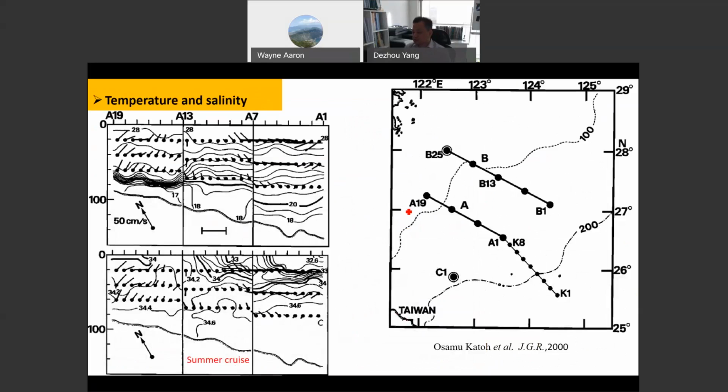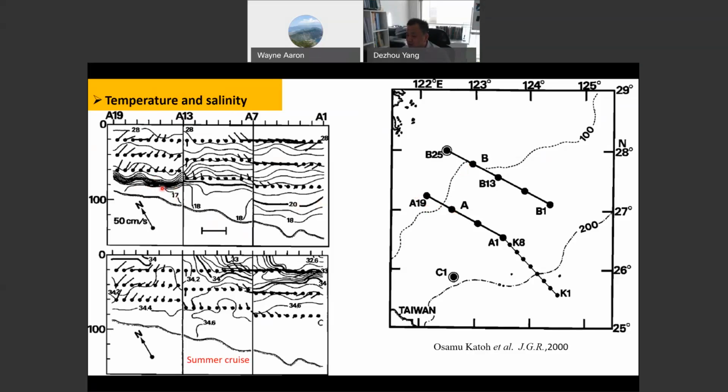Another very interesting story is to look at the temperature and salinity distribution along different transects. For example, northeast of Taiwan, there are two transects for temperature and salinity. There is a very interesting phenomenon you can find in this section.